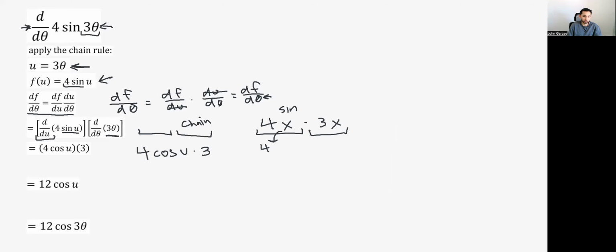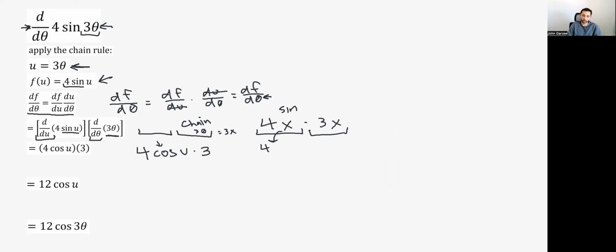That's why 4 sine u becomes 4 cosine u. And then for the second part, the chain, we're doing the derivative in terms of theta. So 3 theta is like the same thing as saying 3x.